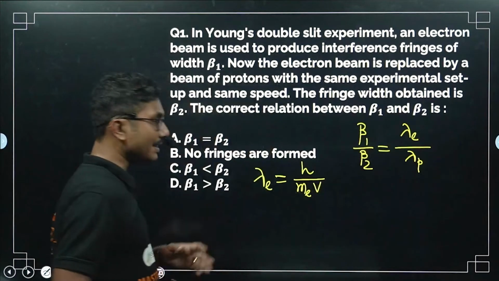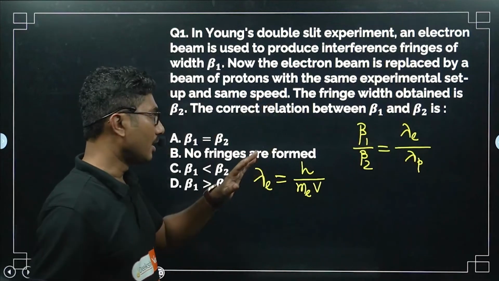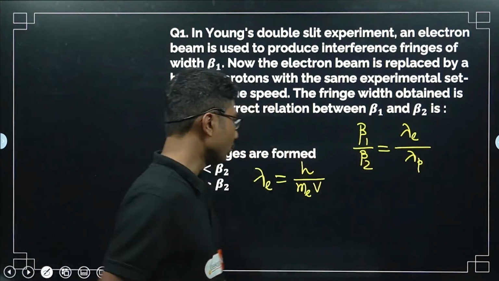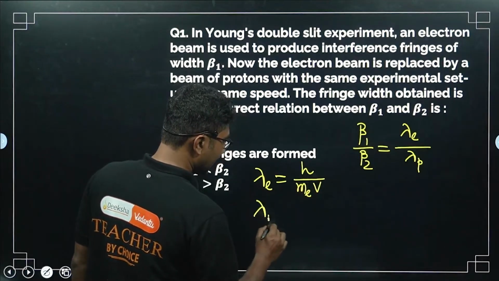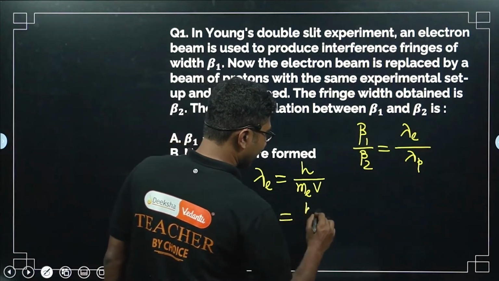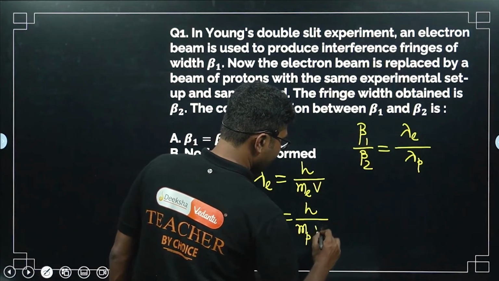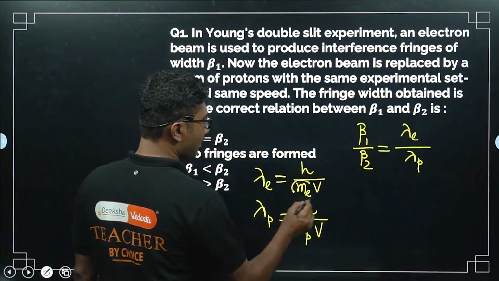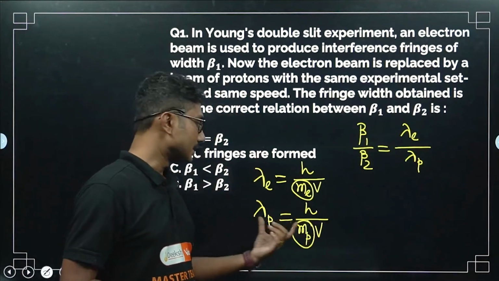The speed is the same in both cases, as it is mentioned that the speeds of proton and electron are the same, so v is the same. h is Planck's constant. So the only difference is the mass; that is the only thing differentiating these two wavelengths.